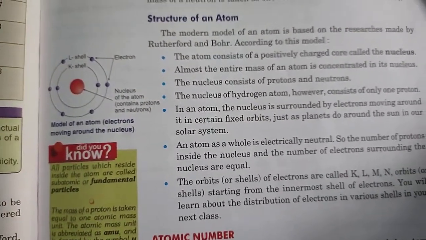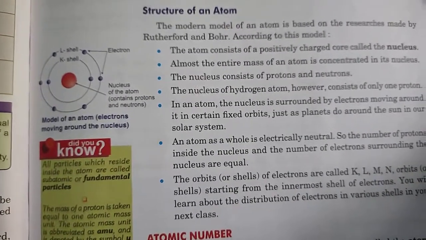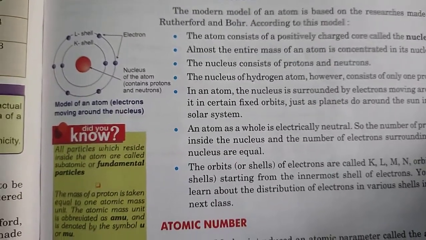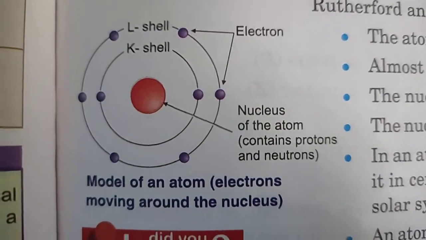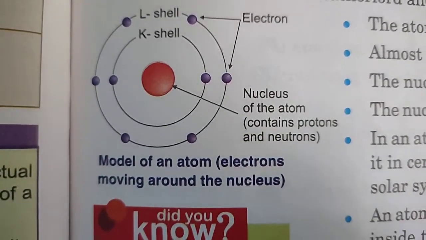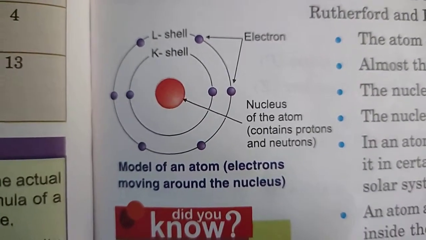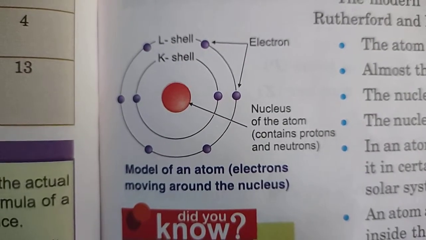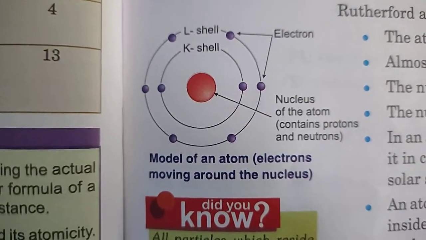First of all, an atom consists of a positively charged core. We call that core the nucleus. As you can see in the figure, in the middle the nucleus is there, which contains protons and neutrons. The second point is almost the entire mass of an atom is concentrated in its nucleus.